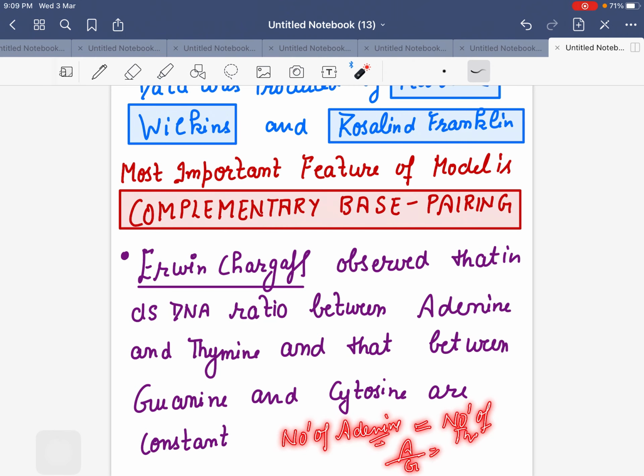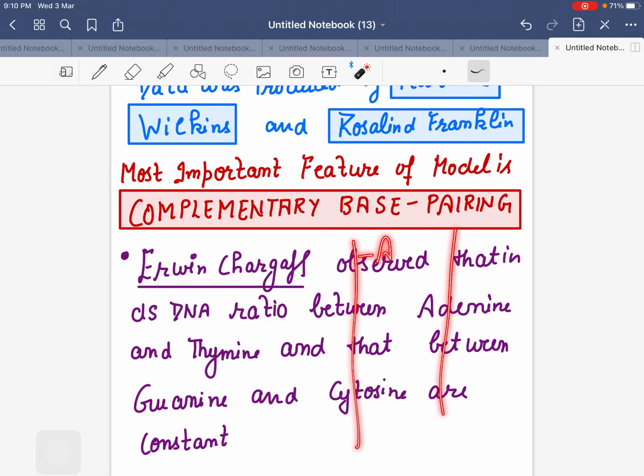or you can say A by T will always be equal to 1, and G by C will also be equal to 1. Their ratio will always be constant. You cannot change. जितना इस स्ट्रैंड में एडेनिन होंगे उतने ही इस स्ट्रैंड में थायमिन होंगे. जितने इस स्ट्रैंड में गुआनिन होंगे, there will be cytosine.